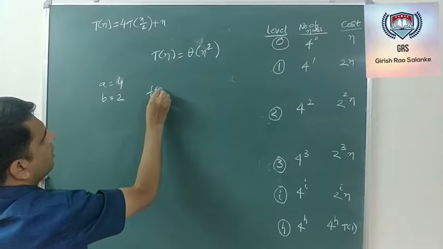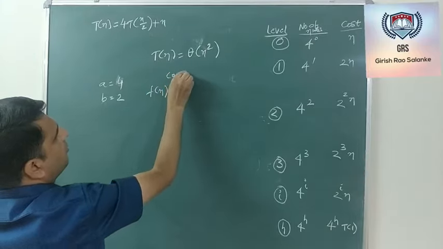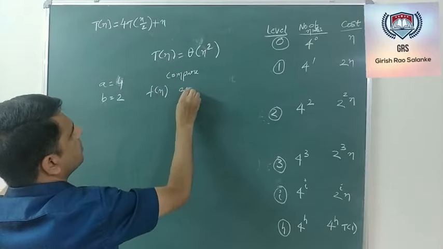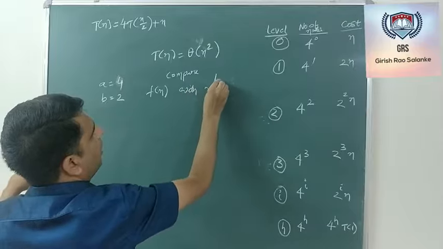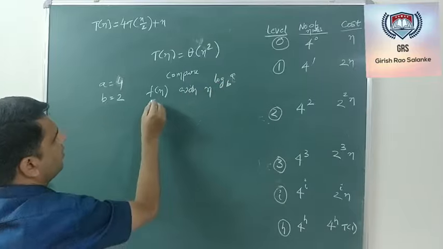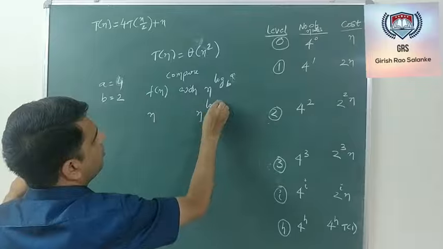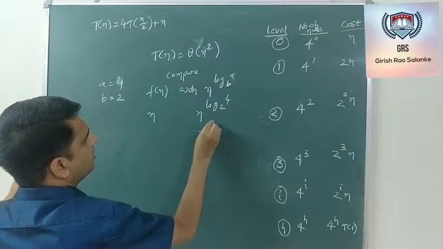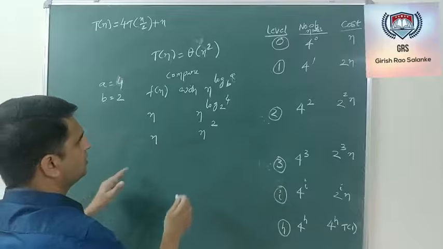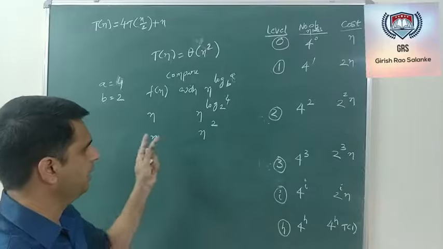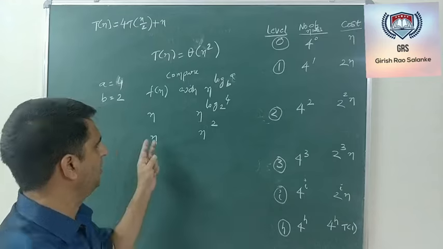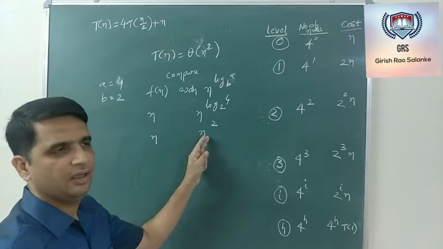Now compare f of n with n to the power of log a to base b. So f of n was n and n to the power of log 4 to base 2 is n square. Out of these two, the higher order term among n and n square is n square.